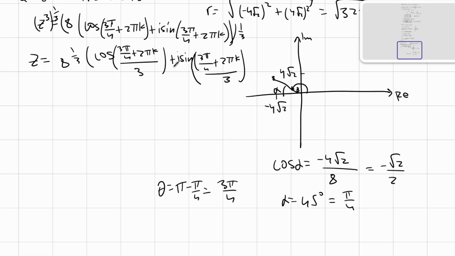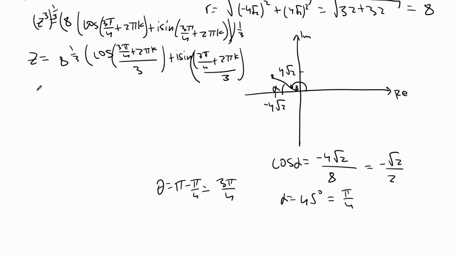Now, to find z0, our z0 is going to be when k is equal to 0. We know that a to the power of 1 over 3 yields 2. So let's get this out of the way.